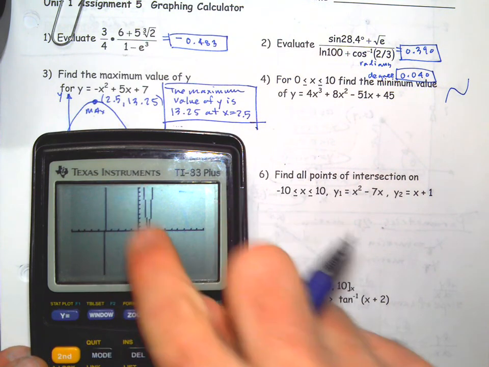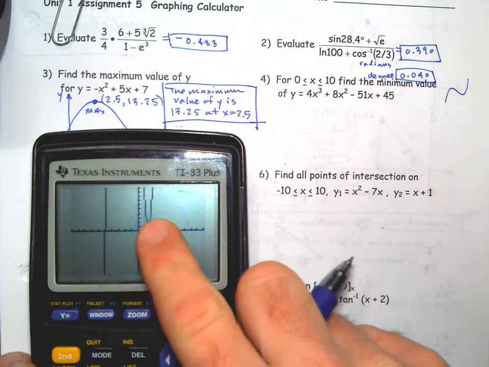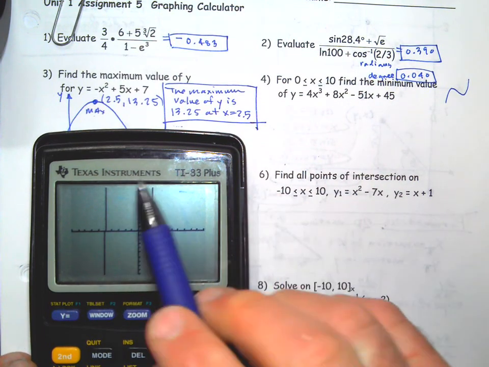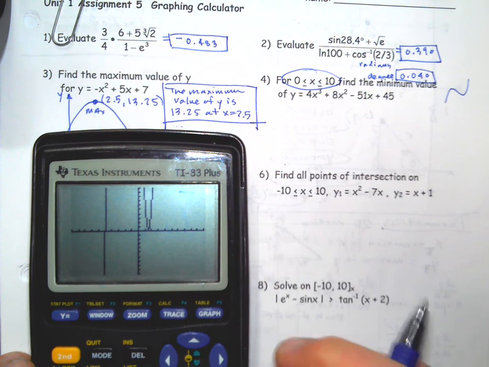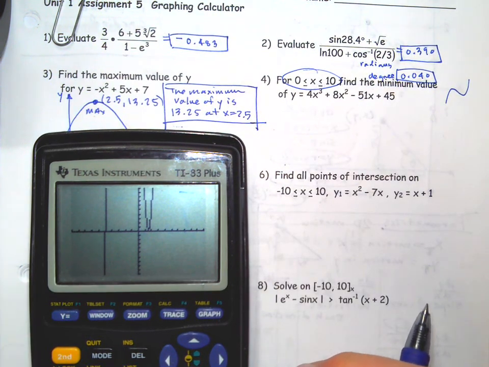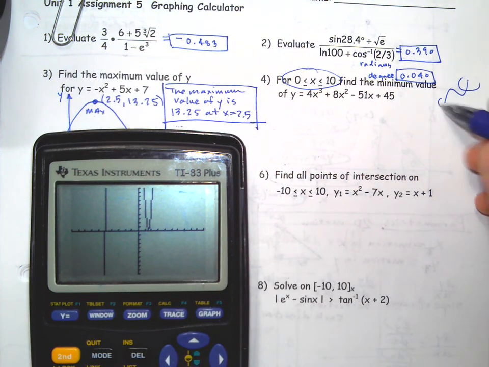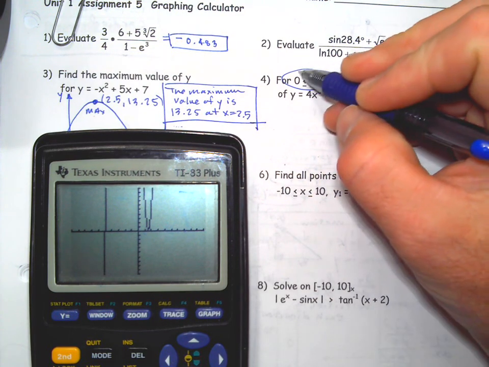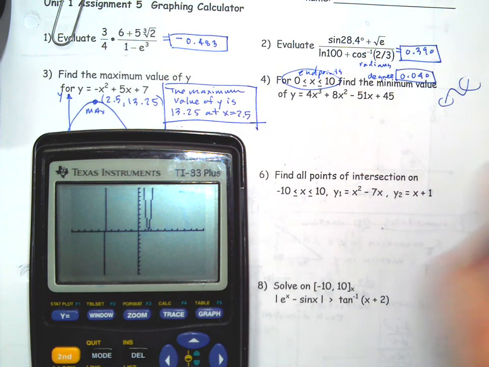If you know that's what you're going to get, it's very helpful, and you can make more sense of this graph. So I think we want to see some stuff over here. Also, it says 0 to 10, so I think we do want to keep that, because the graph keeps going up forever, and down forever, so there is no min, there is no max, unless you have endpoints. So endpoints need to be considered.